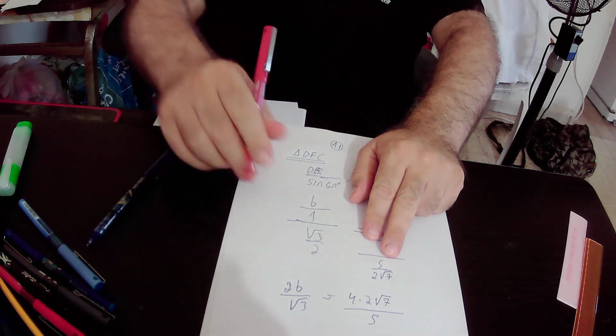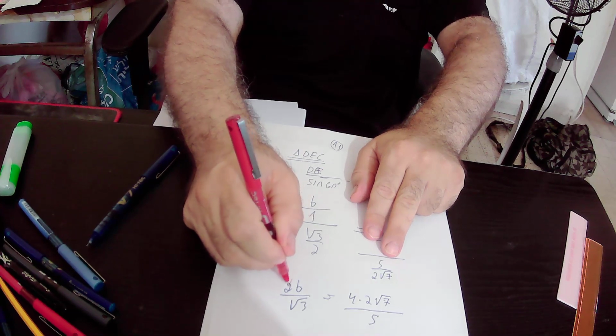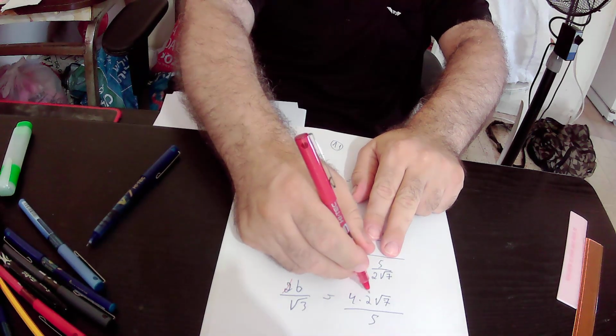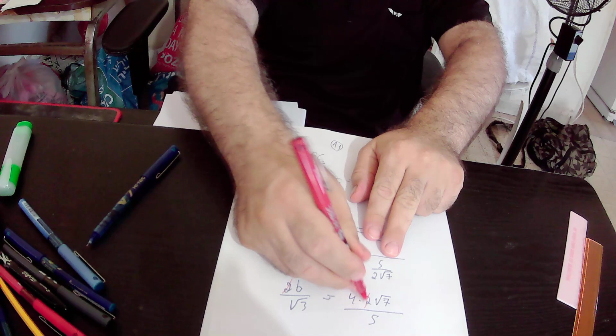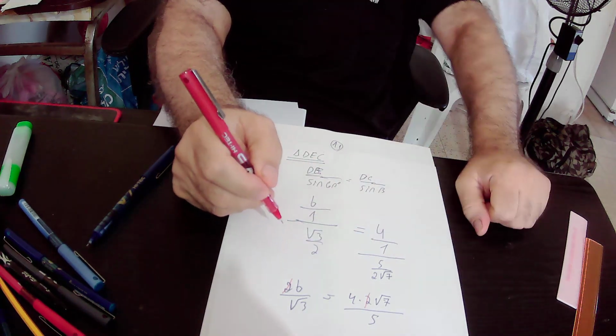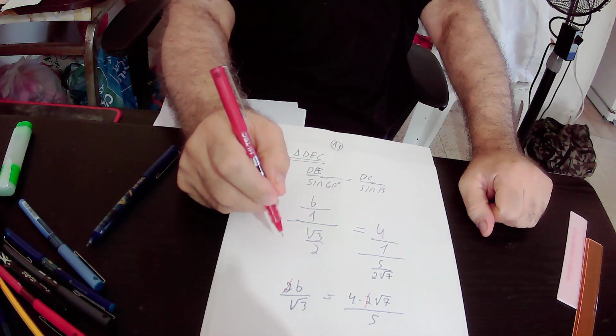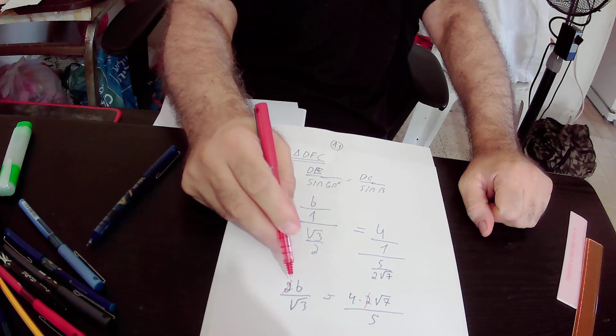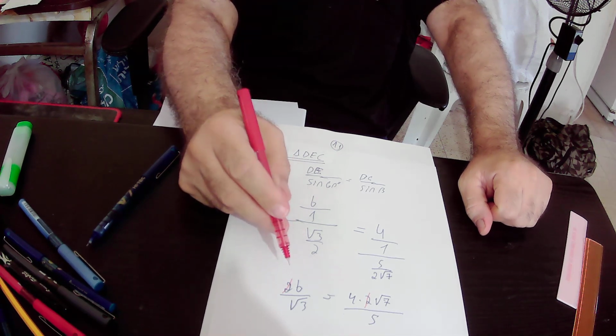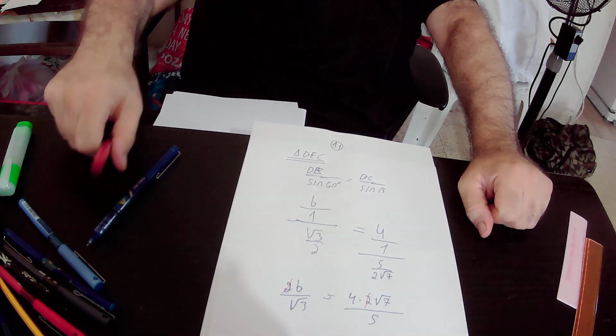Here we have 2 in the numerator of this side of the equation, and we have 2 in the numerator of this side of the equation, so we can cancel 2, and then we'll multiply this equality by root of 3, and we will get the value of b.